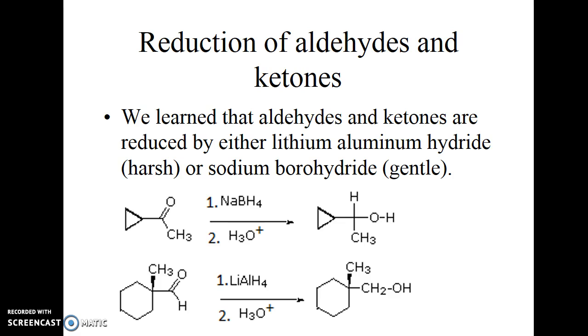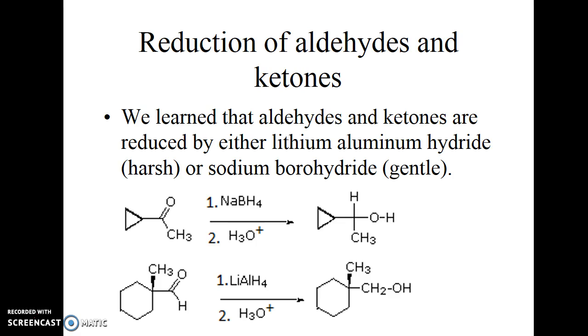However, lithium aluminum hydride is what we called a harsh reducing agent, and it will reduce both aldehydes and ketones to the alcohol, but it will also reduce other functional groups that have carbon oxygen double bonds in them, or carbon nitrogen double bonds, or even a carbon nitrogen triple bond.